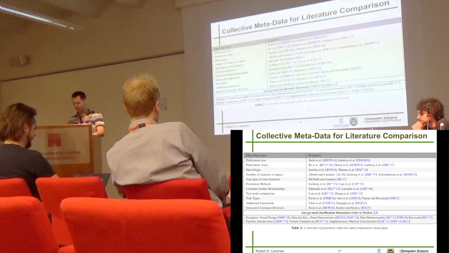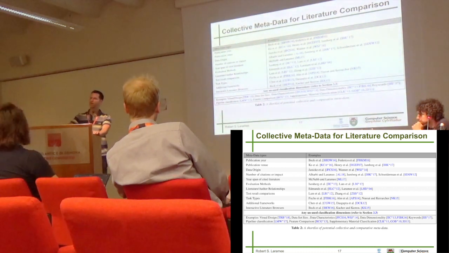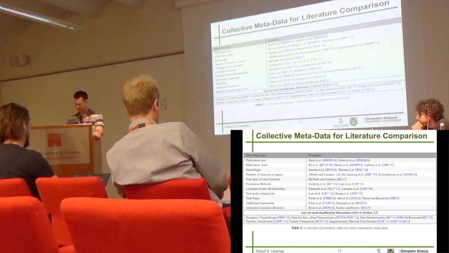And they all are unused classification dimensions. So you may have thought of a number of classification dimensions, but you didn't use them all, so to speak, in your actual classification. Well, any unused ones can be used to compare the papers with one another and make that comparison that the reviewers really want to see.